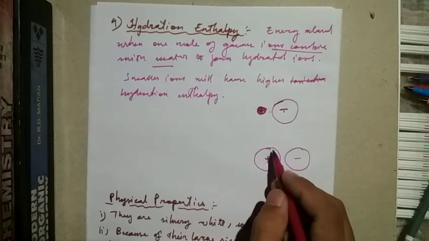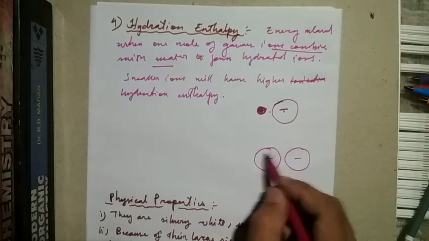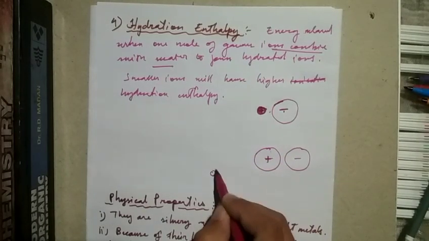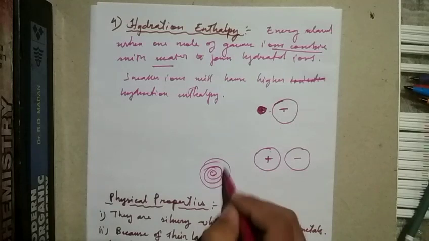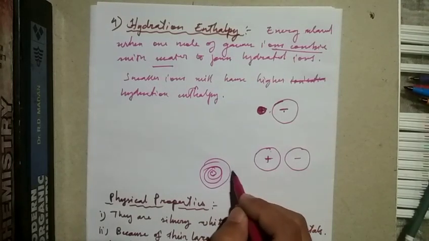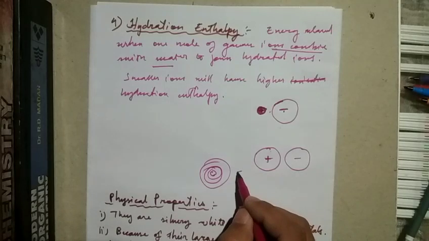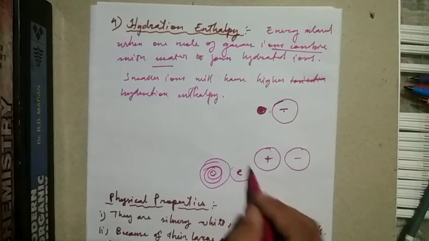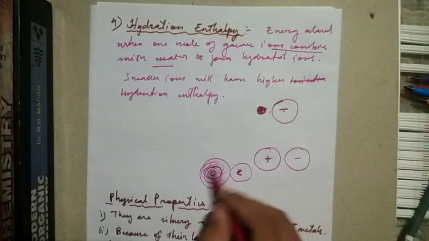Bigger cation means a number of shells, so for this cation to attract electron clouds becomes difficult, since they are bigger in size.